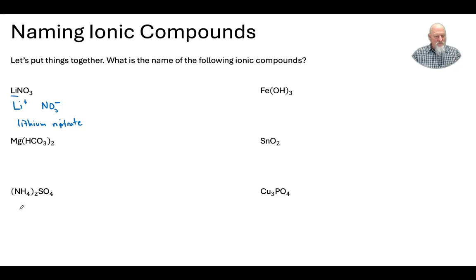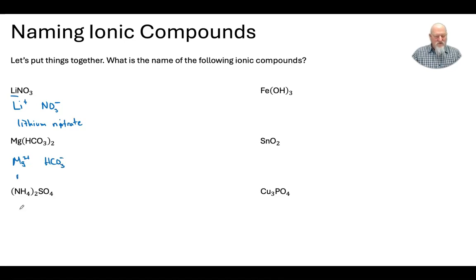Okay, going down. So we can see we got parentheses. So that's going to be the cation in those parentheses. So we're going to have Mg. Magnesium, when it's an ion, is in the second column. So it's an alkaline earth metal. All alkaline earth metal ions are 2+ ions. So it's Mg2+, and HCO3 minus.